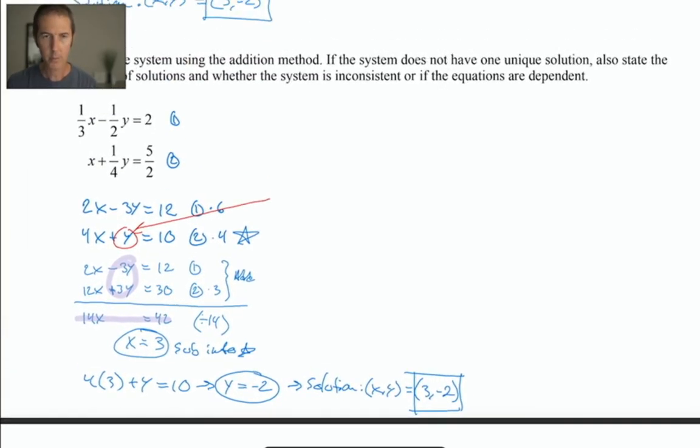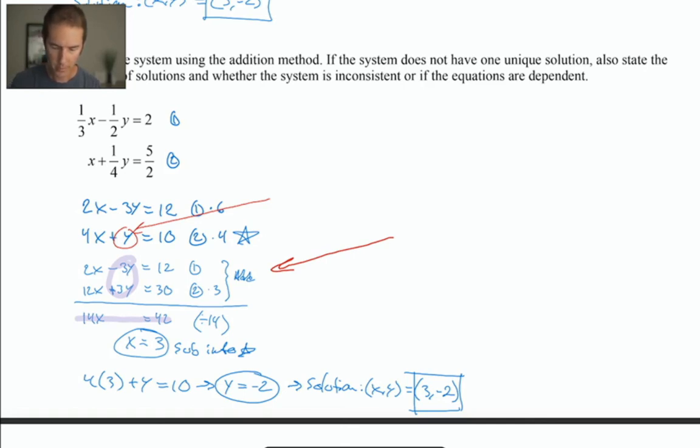There are some other example problems that I could show you here, but it's going to get a little redundant. We just need to keep moving things around and prepping so that we can do this addition process and have terms cancel out.